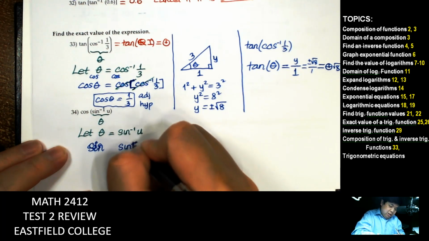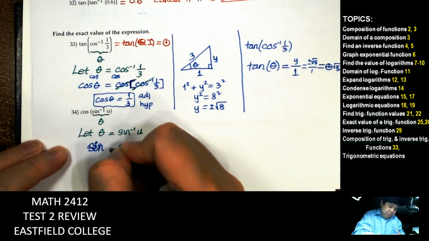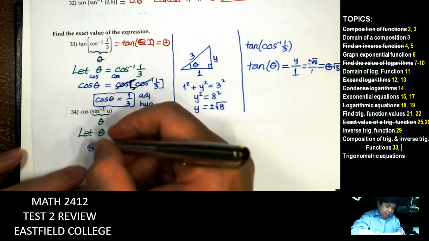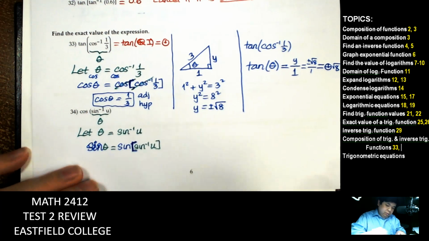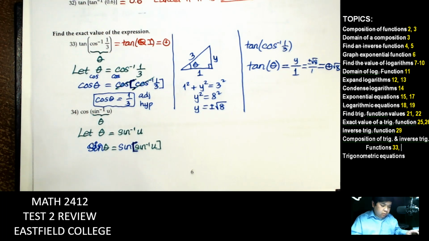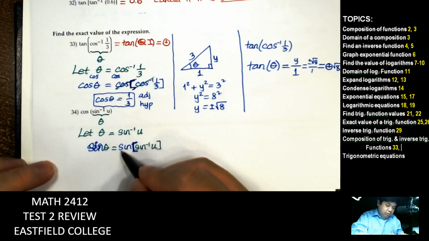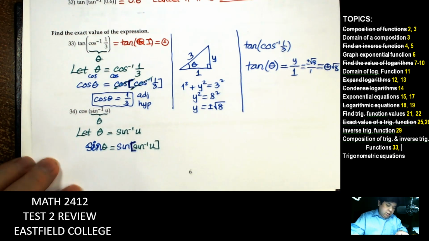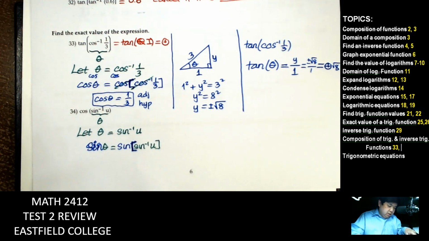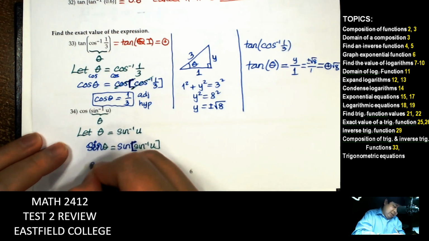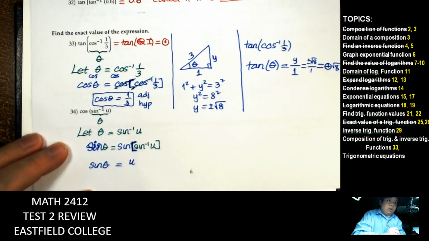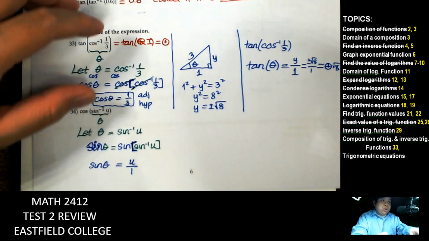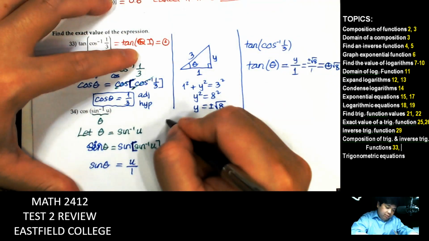Just the sine. And then we cancel. The function always cancels the inverse. So we have sine of theta equal to u. We can also write u over 1 because we do need to have a ratio.